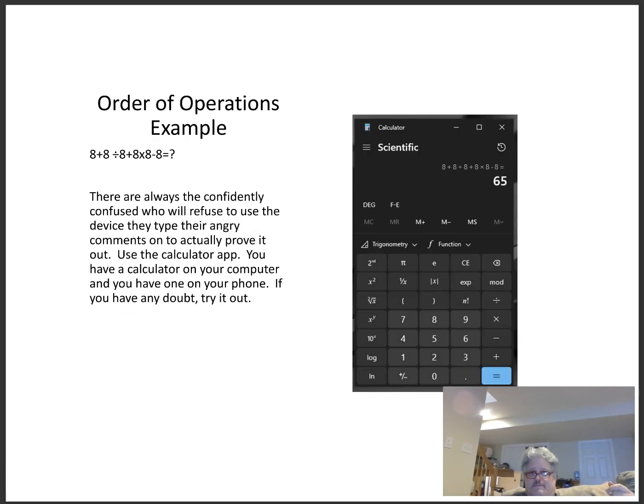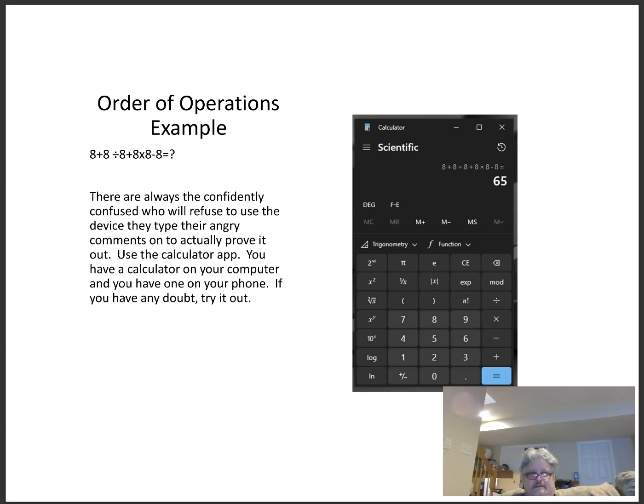Another thing I want to remind people is that a lot of the devices that you guys are typing comments on when you're leaving these posts on Facebook, whether it's your phone or your computer, has this funky thing called the calculator app built into it, which is really an amazing thing. A lot of people don't bother to look at that. But if you do, here's an example.